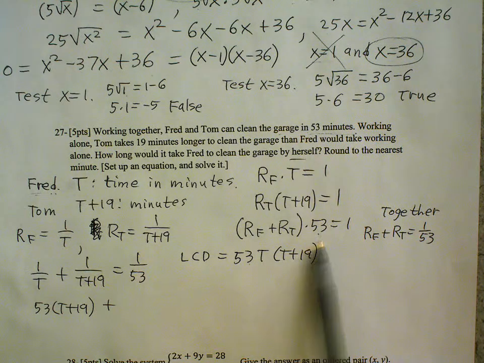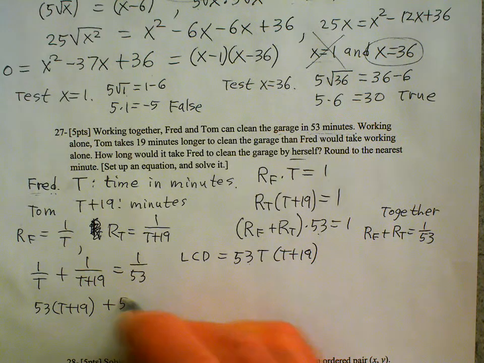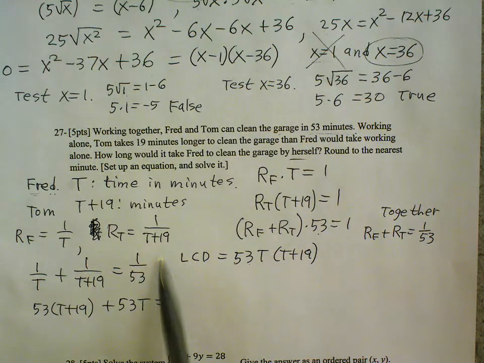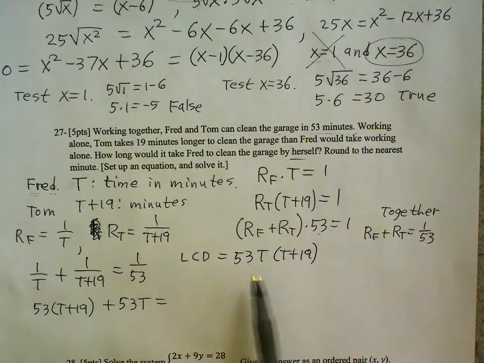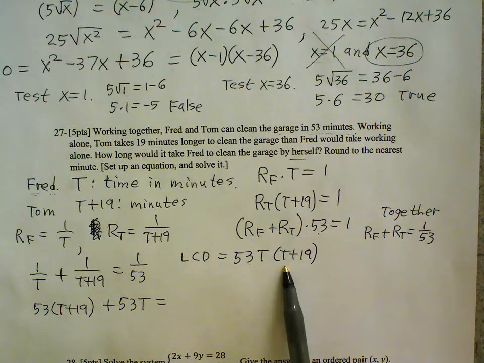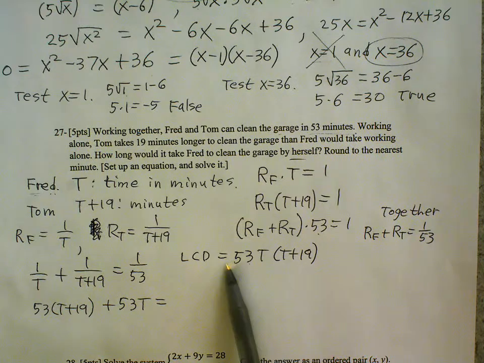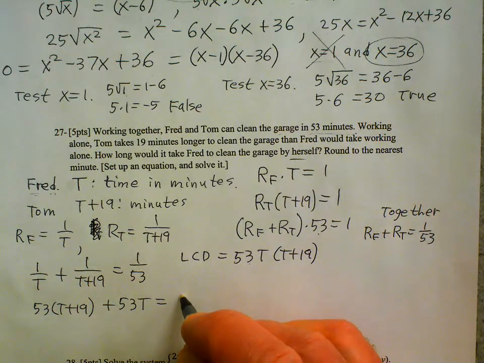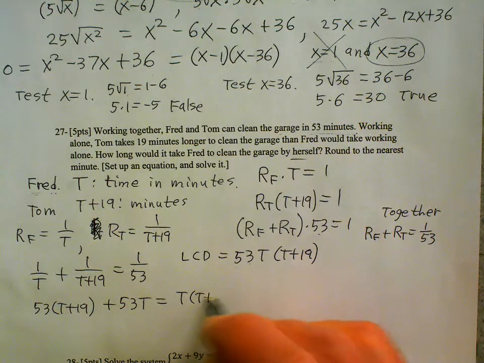This time the t plus 19 factors cancel, so we're just left with plus 53t. And on the right-hand side, 1 over 53 times 53t times t plus 19. The 53's cancel, so we're left with t times t plus 19.